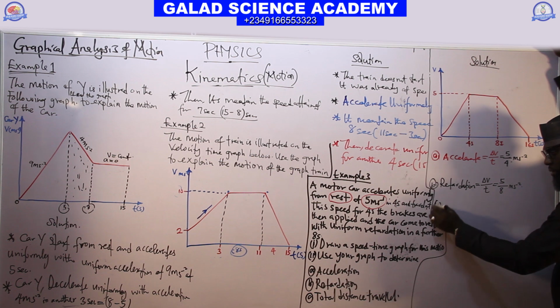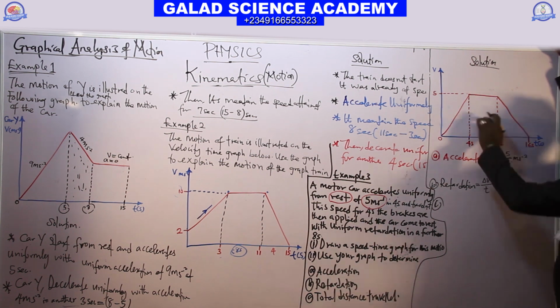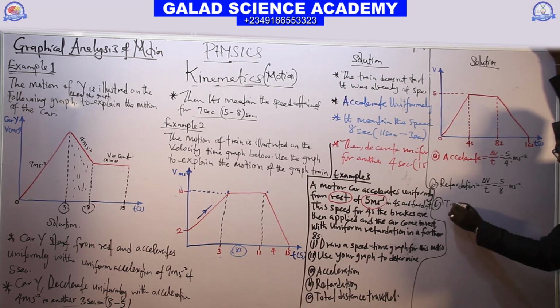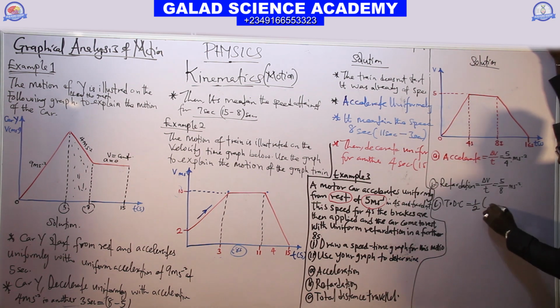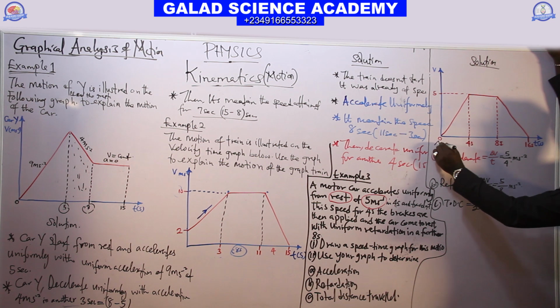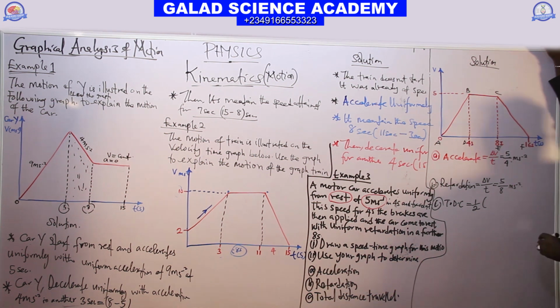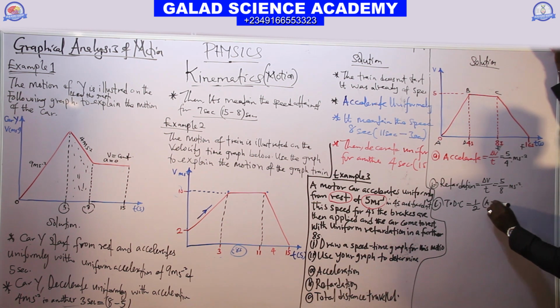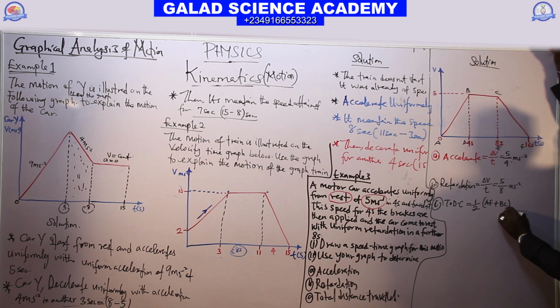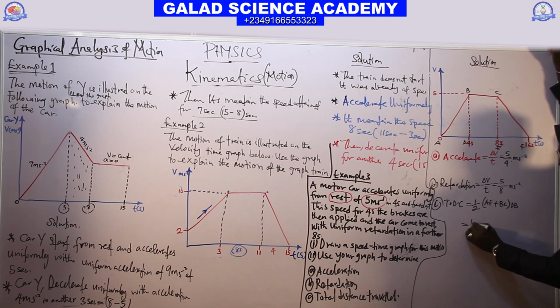The last one is C: total distance covered. This is a trapezium. I told you that the total distance covered is the area of a trapezium. Let me say this is A, B, C, G, E, F. So it's half of AF plus BC, times the height.